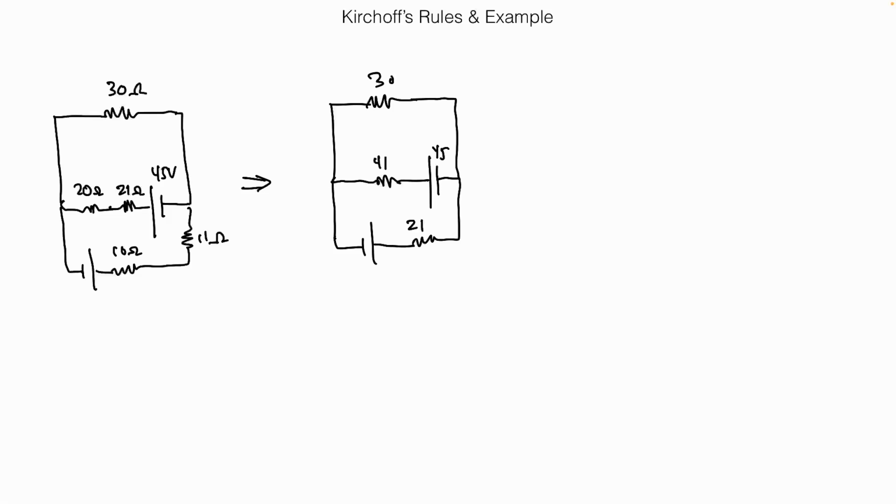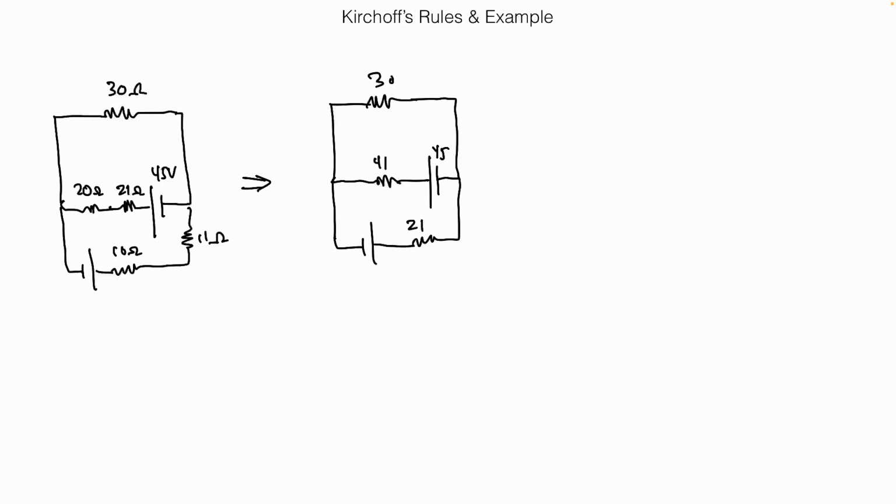But parallel and series are defined, really, with reference to the batteries they are connected to. Series and parallel with what? Well, if we ignore the bottom branch and we look at the 45 volt battery, are 41 and 30 now in parallel with that battery? No, they'd be in series, right?